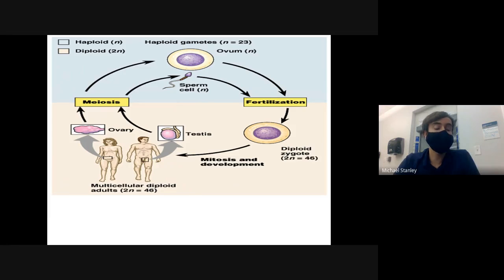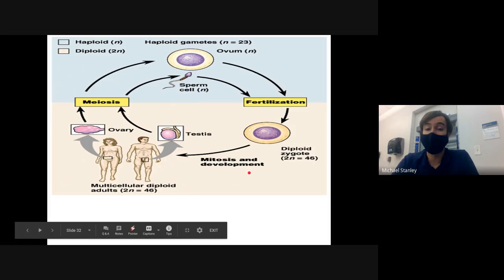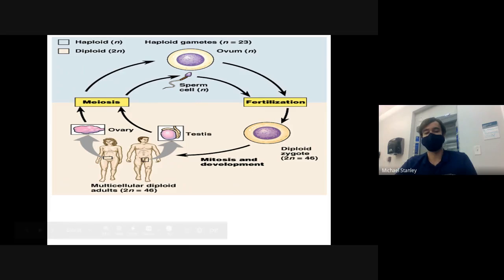So there is a very particular reason why meiosis produces these gametes that only have 1 set of chromosomes. So as I mentioned earlier, meiosis occurs in order to produce our sex cells. So it produces sperm in the testes and eggs in the ovaries.